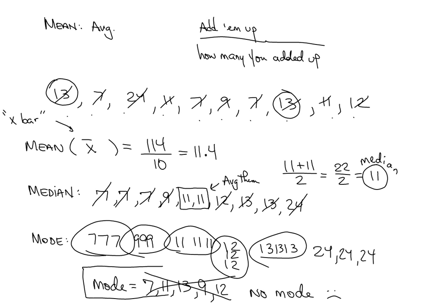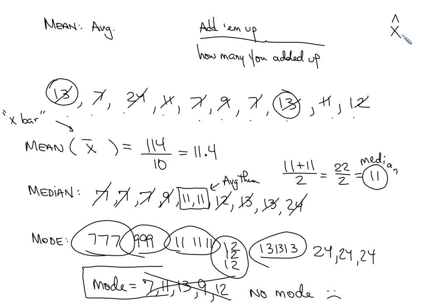Yes, ma'am. I'm trying to think. Our book doesn't use any of them. Our book only uses the X bar. Sometimes, I believe, for median, occasionally some books may use the X with a hat on top of it.